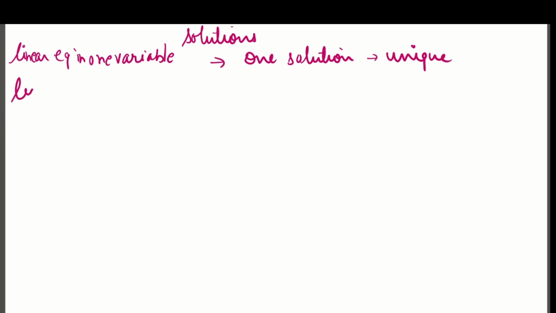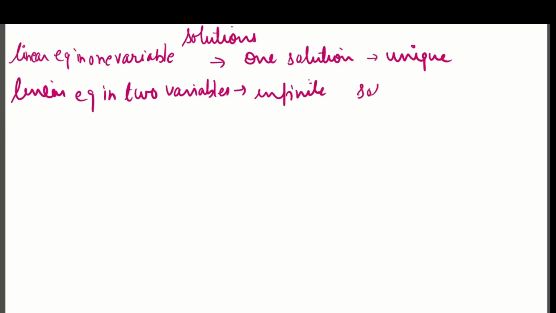If we talk about linear equations in two variables, there would be infinite solutions, because a lot of pairs of x and y can satisfy that equation. So this is all about what a linear equation in one variable and in two variables is, and what the solutions of the linear equation in one variable and two variables are.